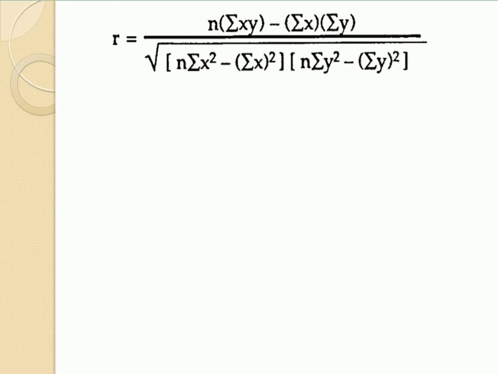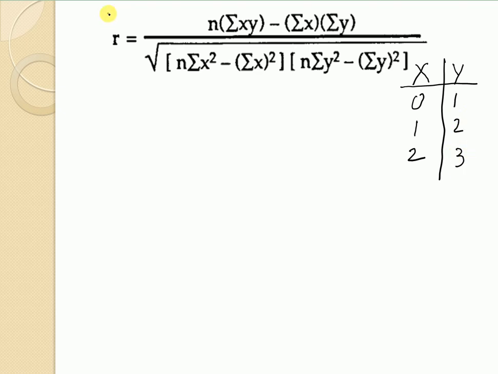Let's say the independent variable x takes on values 0, 1, 2, and the dependent variable y takes on values 1, 2, 3.